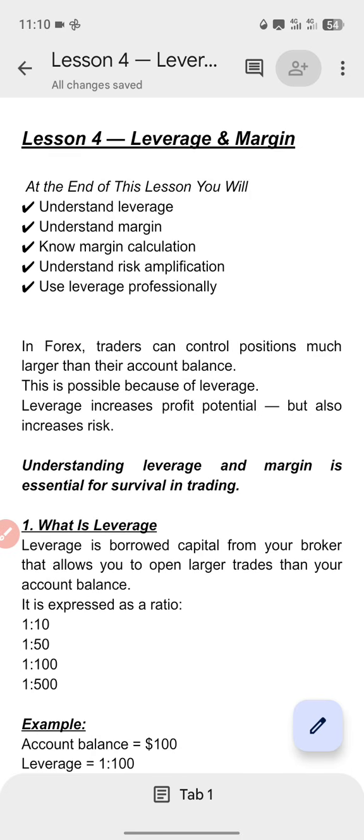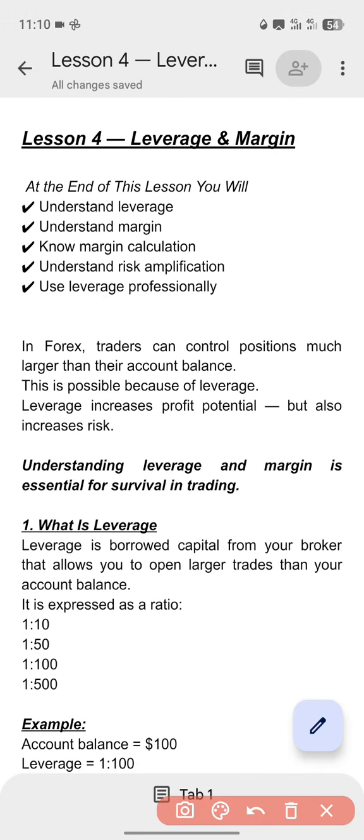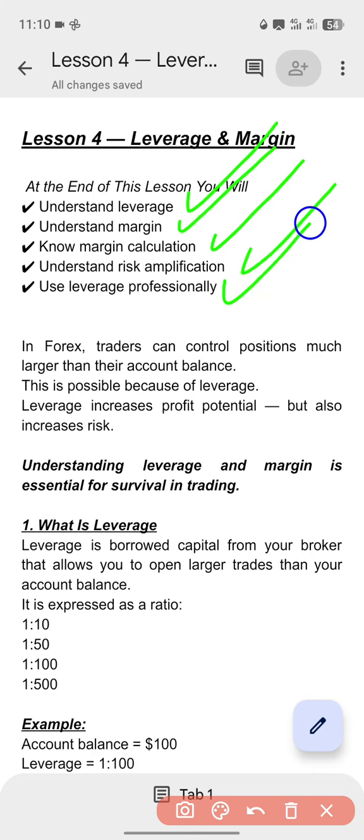Now we have come to the end of this lesson 4, which talked about understanding leverage, understanding margin, knowing margin calculation, understanding risk amplification, and using leverage professionally.